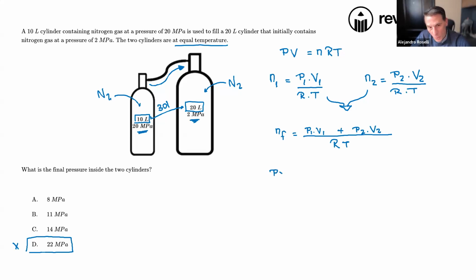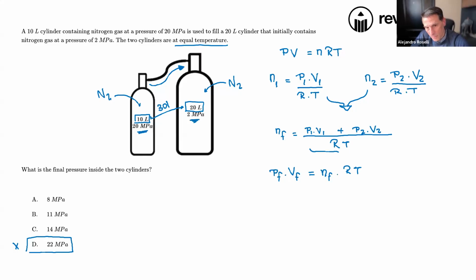We can now use this expression in the gas law. So let's go. Whatever final pressure we get, multiplied by the final volume, I'm just writing it as VF, we know it's going to be 30, I'm just leaving the symbol, equals the final number of moles multiplied by RT.